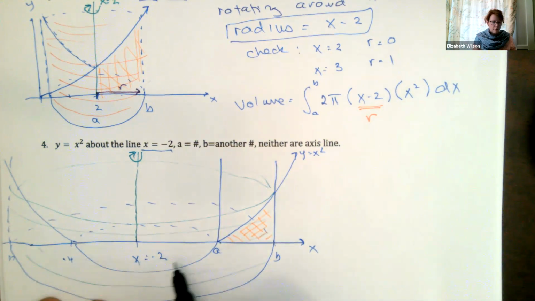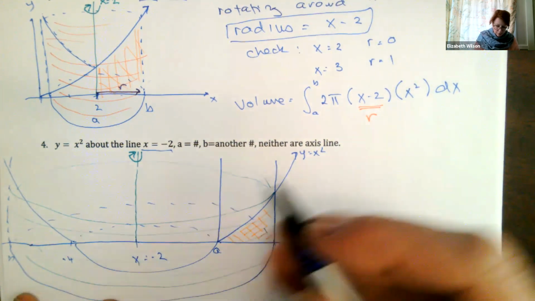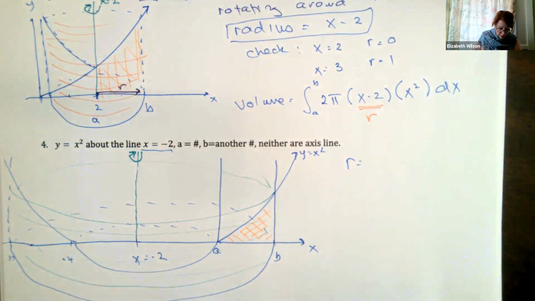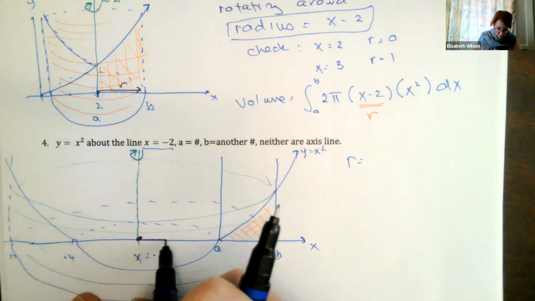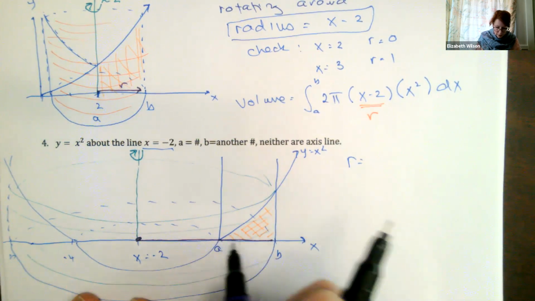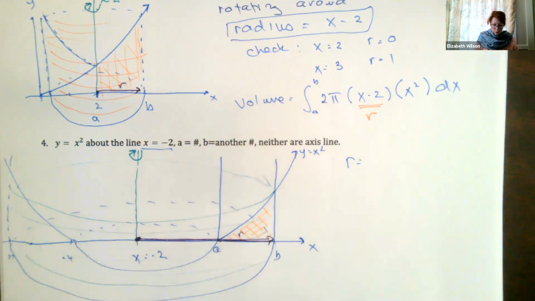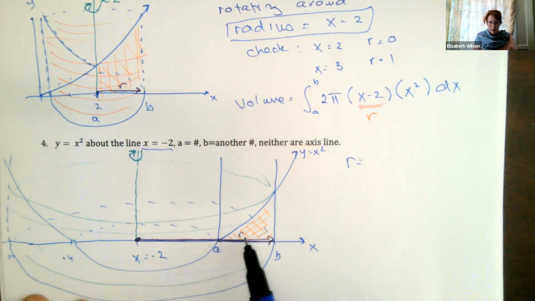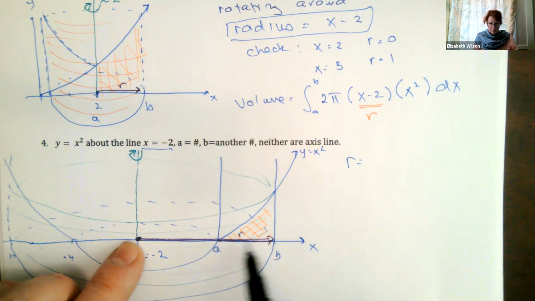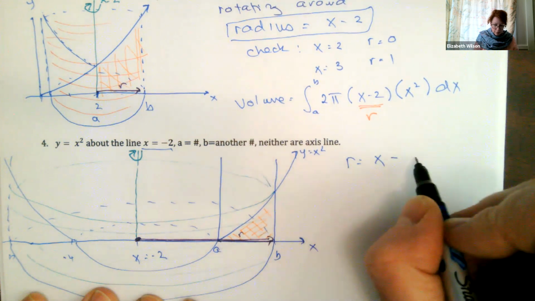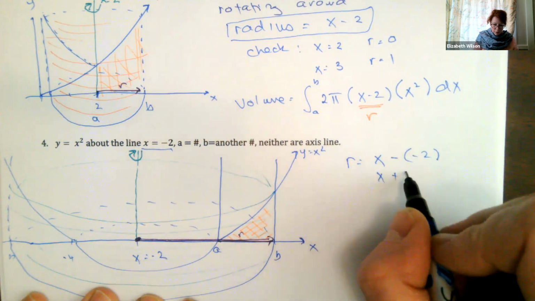So let's think about what our radius is going to be now. My radius actually goes from here all the way out to here. So this whole thing is my radius, okay? But I only want to integrate from A to B, right? When I integrate from A to B, that handles the fact that even though this whole thing is my radius, I'm only taking this volume here from A to B. So my radius is going to look like x minus a minus 2, which becomes x plus 2.